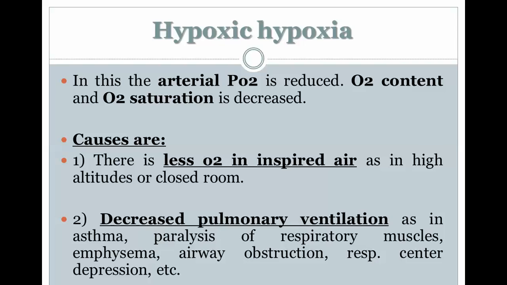Why less oxygen in the inspired air in high altitude? Yes, atmospheric pressure decreases. So the alveolar pressure of oxygen will be decreased. Once alveolar pressure decreases, the gradient will be decreased. So the amount of oxygen that passes into the blood will decrease, so it will get hypoxia.